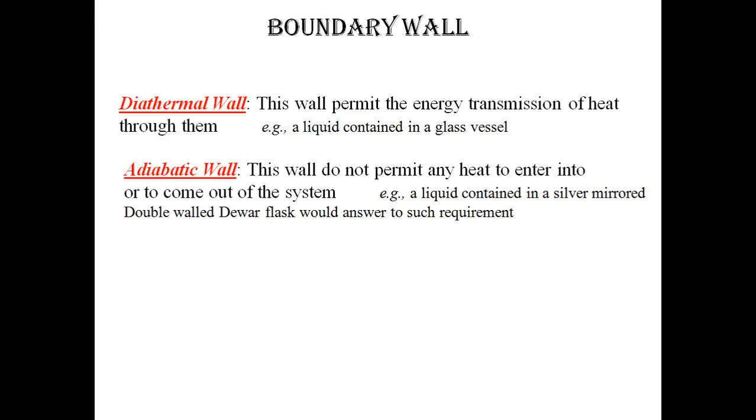As an example, in your household you will see a dewar flask where you can keep hot tea for a long time or cold water. It will remain hot or cold for a long time. Absolutely 100% adiabatic wall is not possible, but the idea is like this.